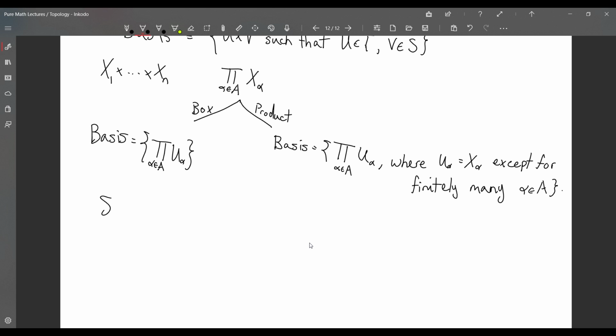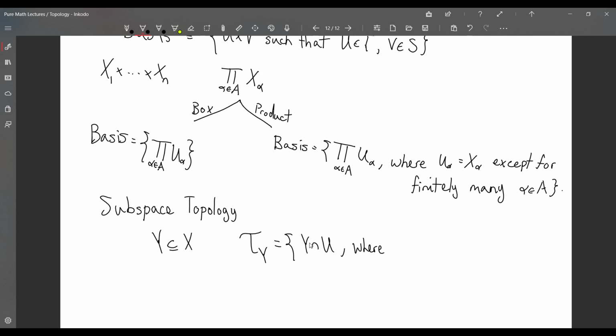The next thing is the subspace topology. So if Y is any subset of X, then we can form a topology on Y consisting of intersections Y intersect U, where U is open in T, or U is an open subset of X, basically.